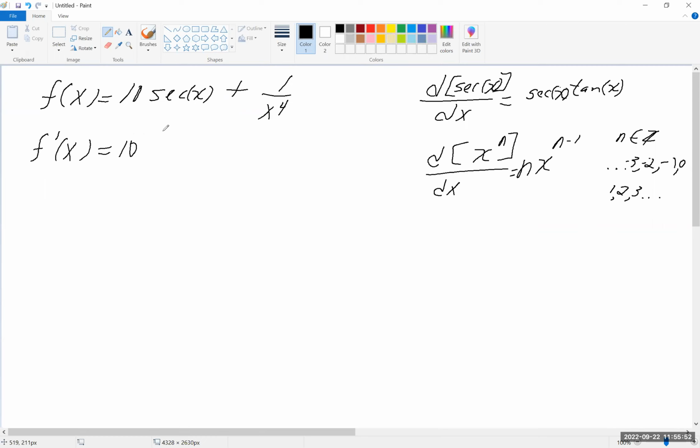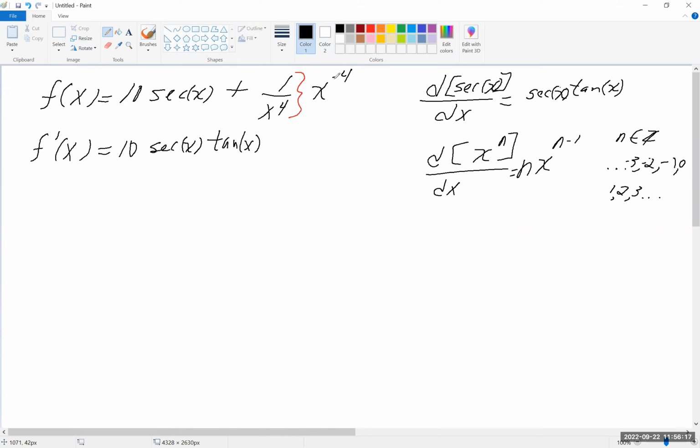The derivative of secant x is secant x times tangent x. And perhaps I should have done that in a prior step, but let's go ahead and rewrite that. I'm going to do it here just for space and just so that I can keep going.